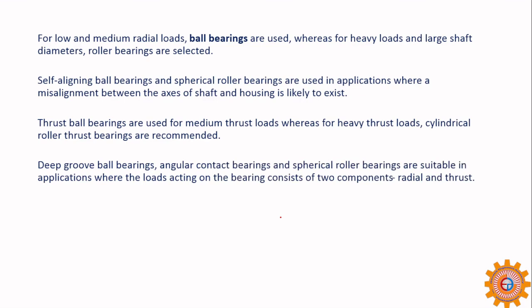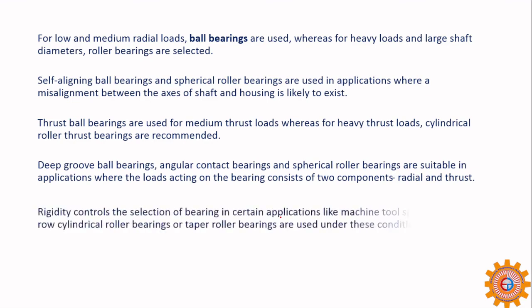Deep groove ball bearings, angular contact bearings, and spherical roller bearings are suitable in applications where the loads acting on the bearing consist of two components, radial and thrust. Based on rigidity, in applications like machine tool spindles, double row cylindrical roller bearings or taper roller bearings are used.